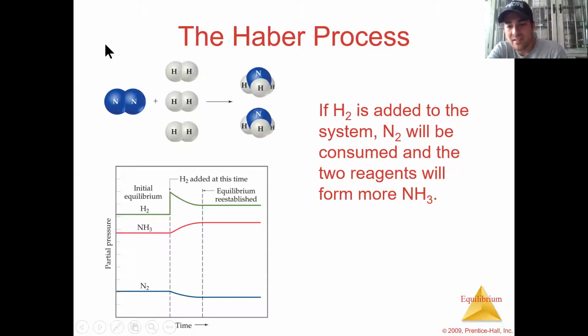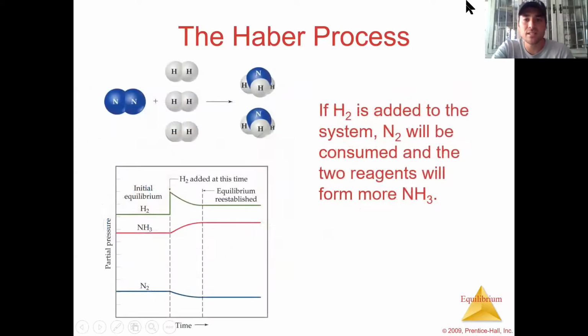If I add H2 to this, we're at equilibrium, which there's no double-sided arrow here, but this is an equilibrium reaction. If we were to add N2, that gives us too much stuff on the left. So then the reaction is going to shift to the right in order to make more of what we need on the right.